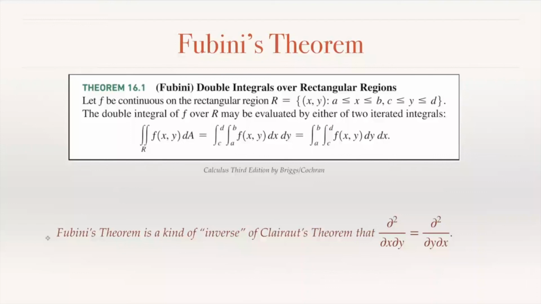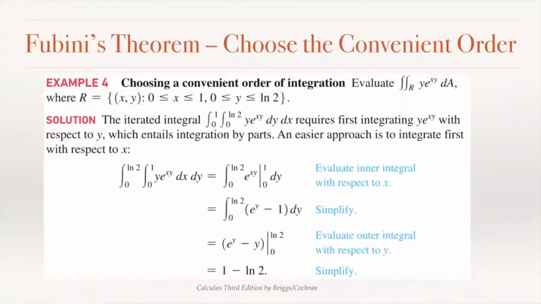And lastly, on Fubini's theorem, which says that you can swap the order of integration, that doesn't mean that both orders are equally convenient. And you'll want to choose a convenient order of integration. And one way to do this is to kind of look ahead. So let's say we want to take the double integral of y e to the xy dA over some region. And if we were to take it dy dx, then we would be integrating y e to the xy dy, and that would require integration by parts, because that's a product of two things, both of which have a y in them.